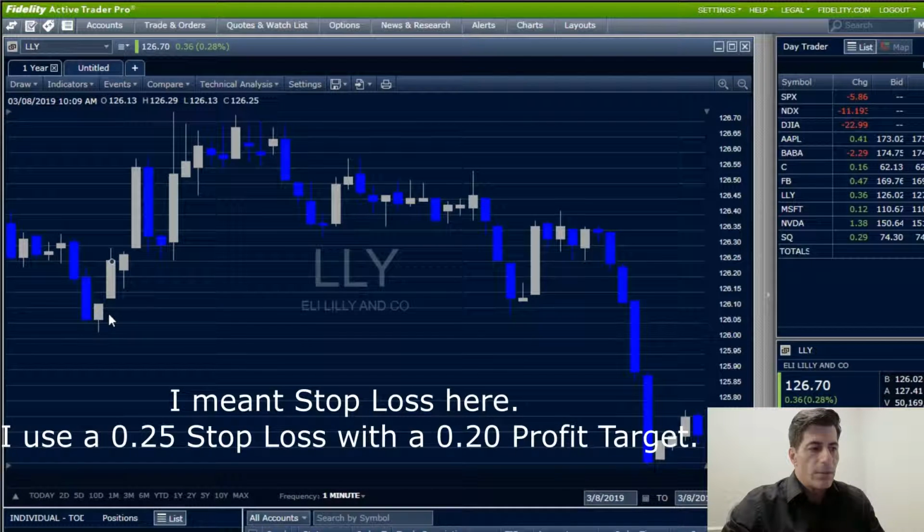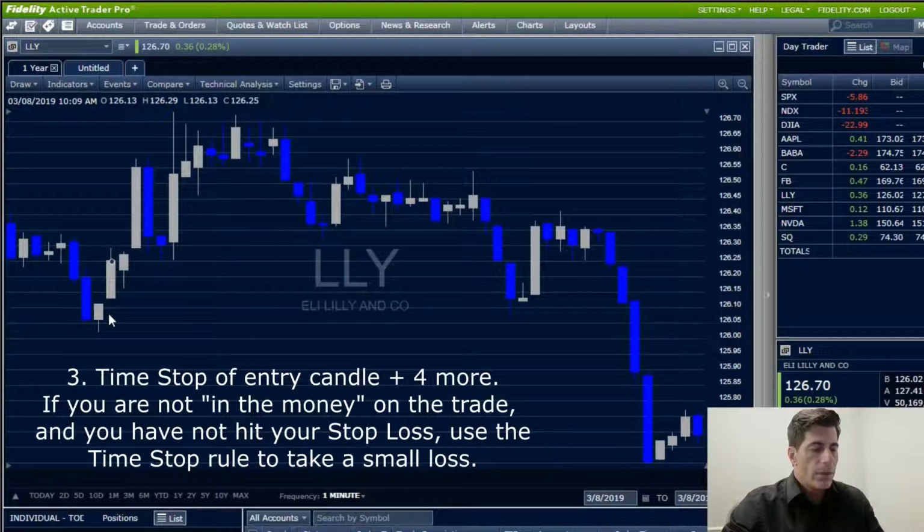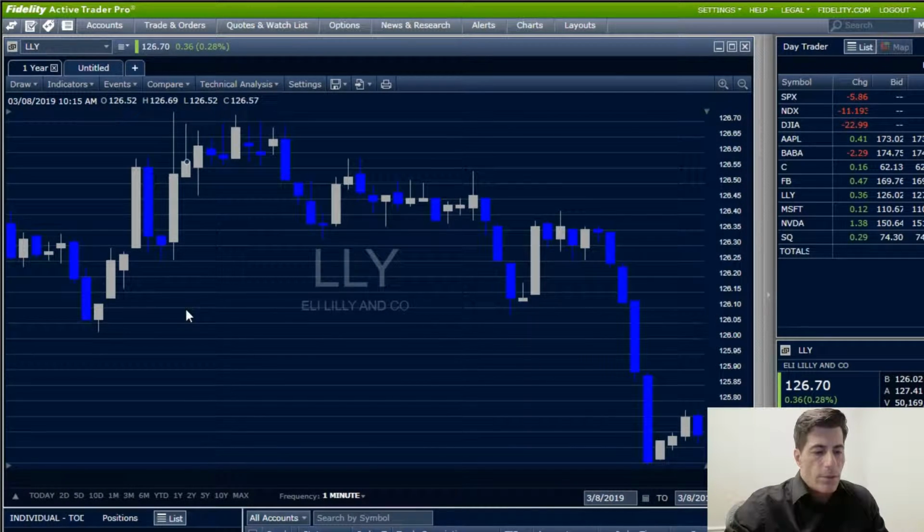But I use about 25 cents, and I give it 4 more candles after my entry candle. So I get in at the close of the formation, I get in the next candle. If it's not in the money after 4 more candles, I go ahead and look for a way to get out, even if it hasn't hit my stop loss. That's my time stop. These trades basically should go in your direction right away.